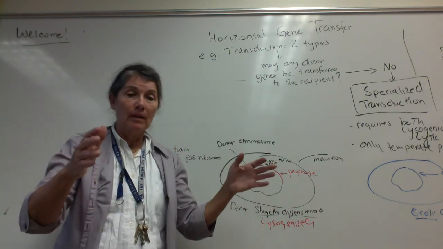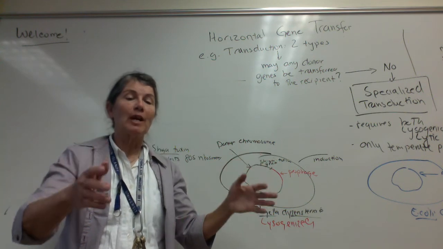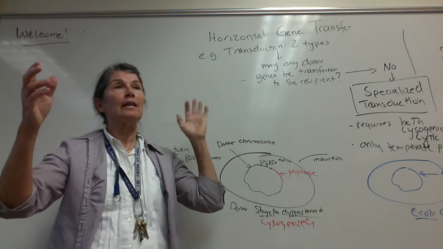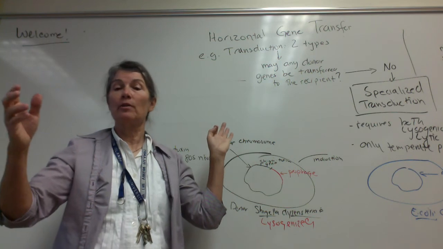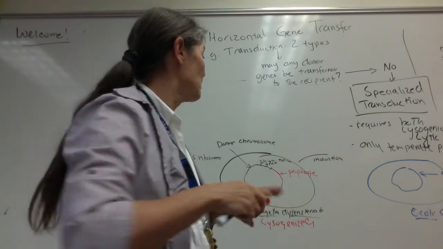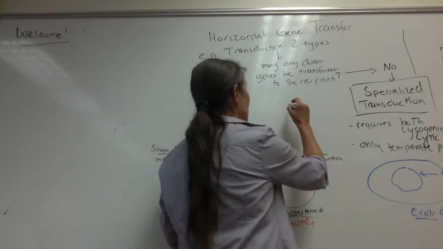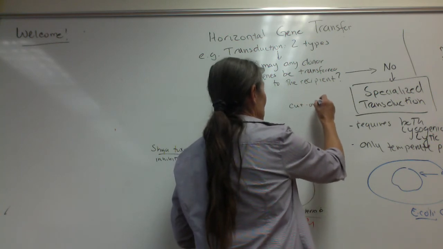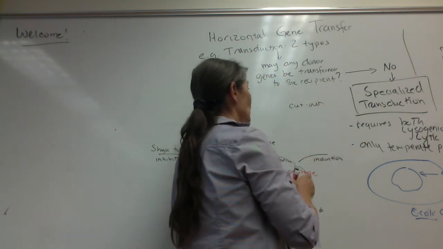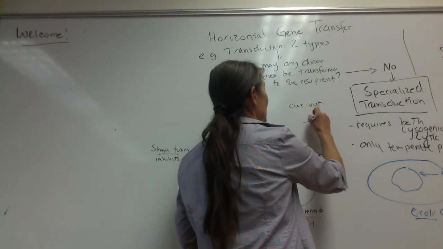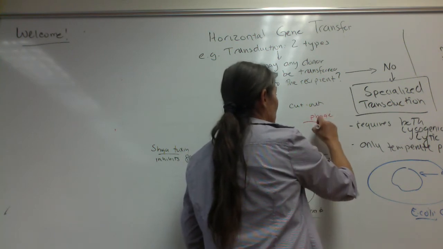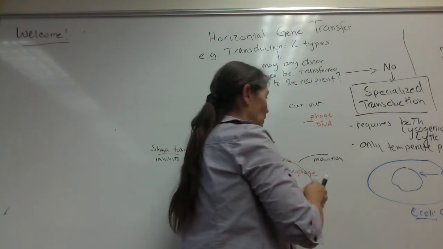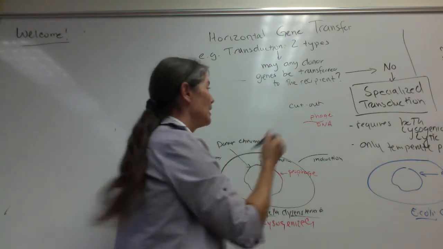So it ends up extracting itself, but it also takes a piece of the chromosomal DNA with it. So you guys, what do you think happened during this induction event? What got cut out? Yeah, the phage DNA and what else? Yeah, spot on, you guys. You nailed it. Right? So it was like a mistake, kind of a sloppy cut.